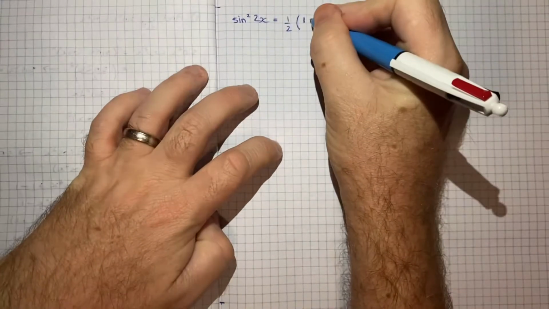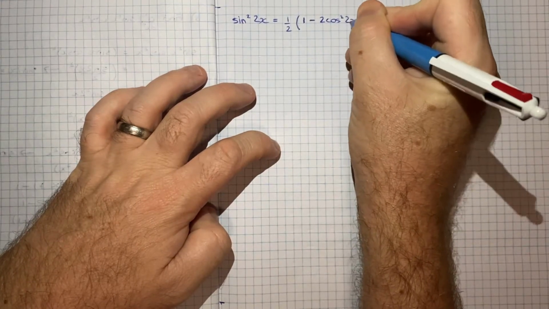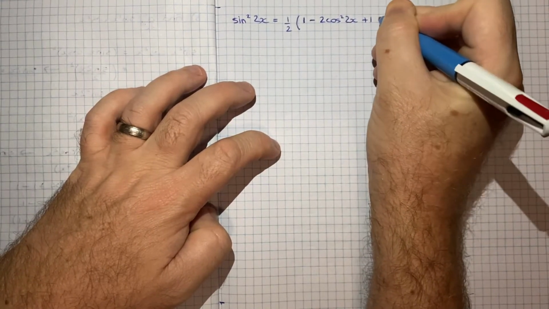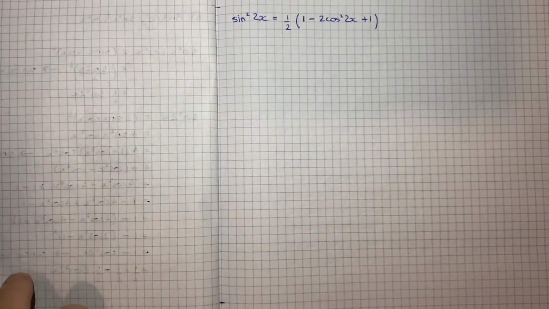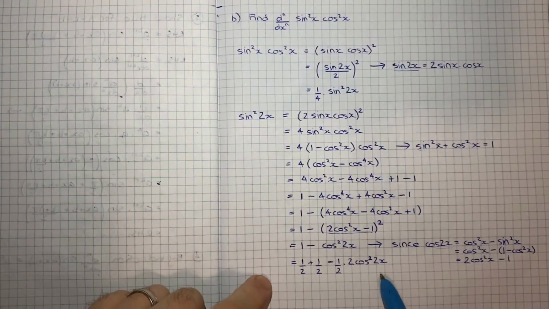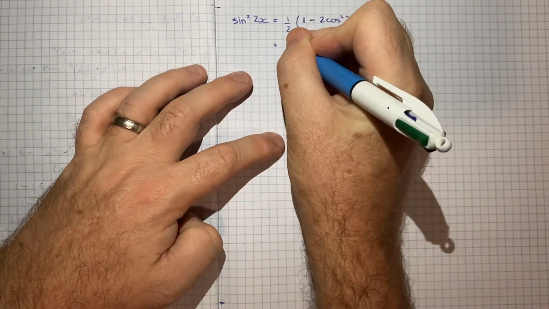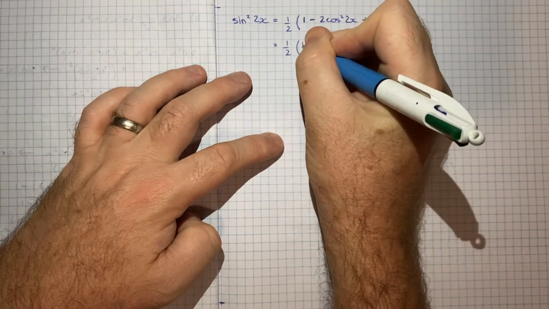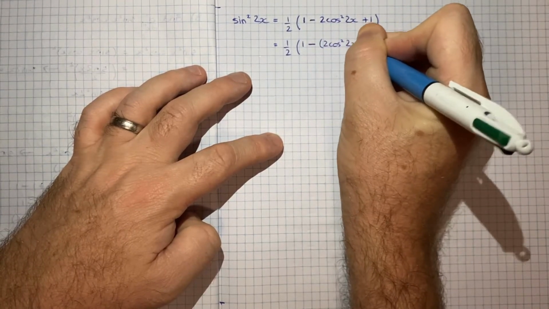So minus 2 cos squared 2x and then plus 1. And that will then expand out to get us back to here. But now what I'll do is I'll write this as a half 1 minus 2 cos squared 2x minus 1.